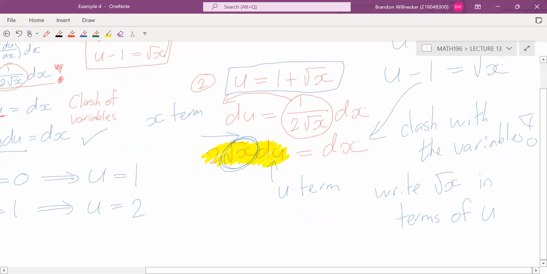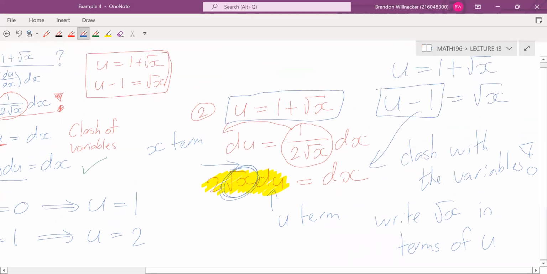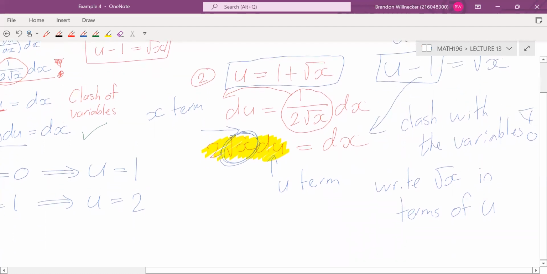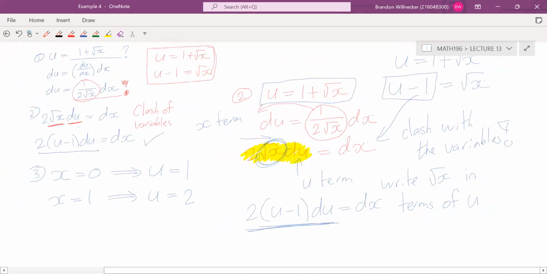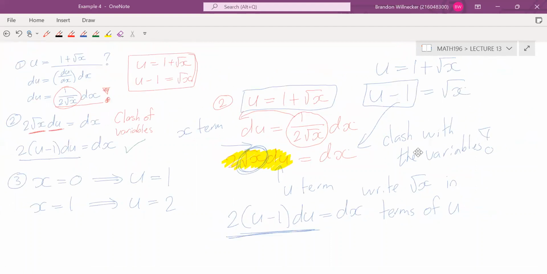So instead of root x, I'm going to replace it with u minus 1. So we're going to have 2 times u minus 1 du is equal to dx. Now the left-hand side only has u variables, which is what we need. Yeah, so we fixed that problem.